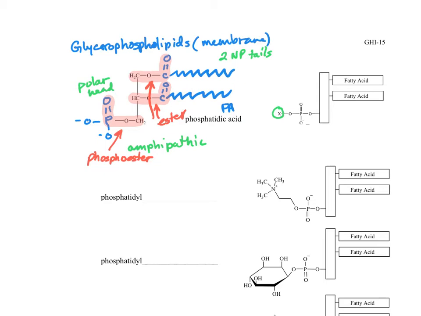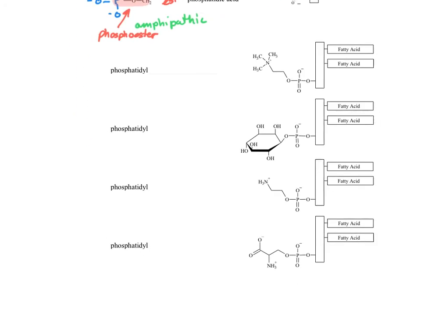In fact, let's go on and look at the 4 other glycerophospholipids that I'd like you to be aware of. If we attach a choline group, let's make a note of that. If we attach a choline to that group, to that phosphate, we end up with a phosphatidylcholine.